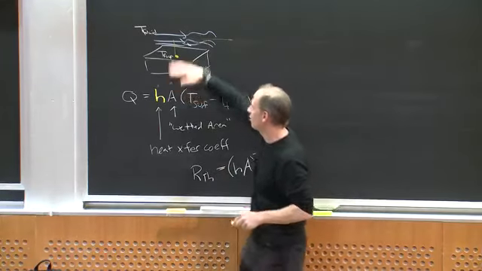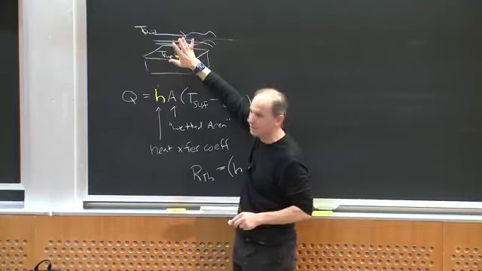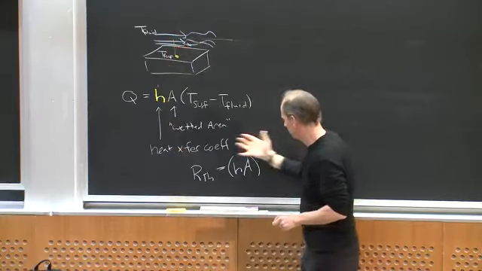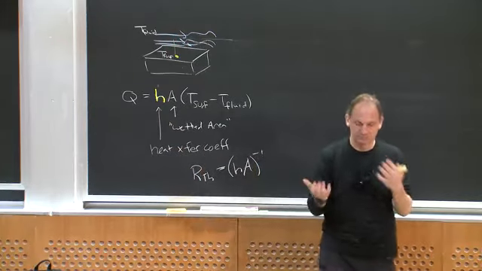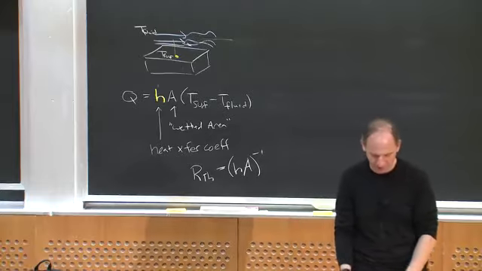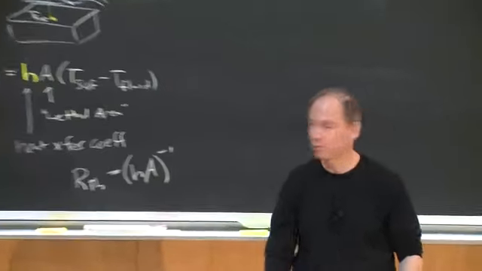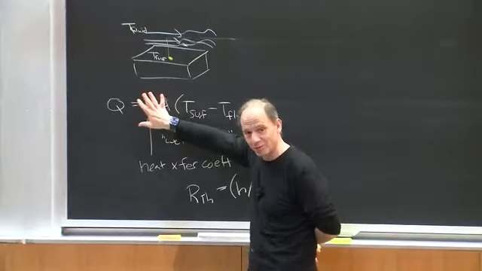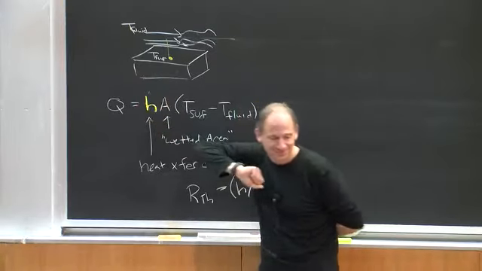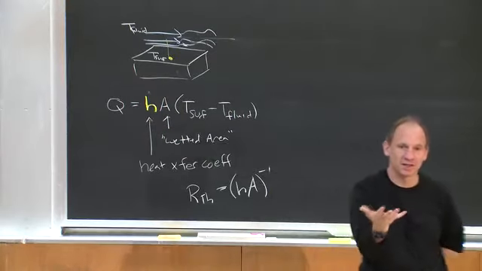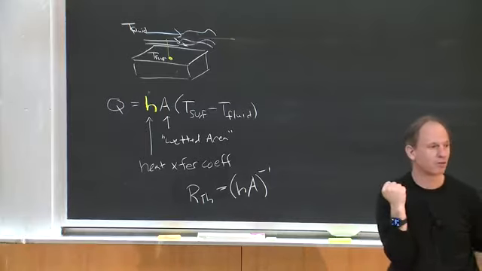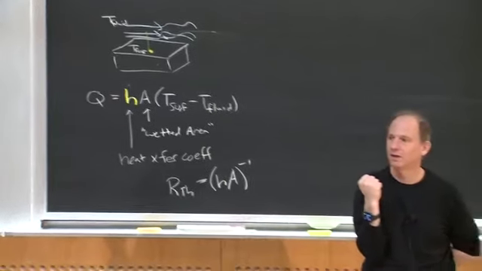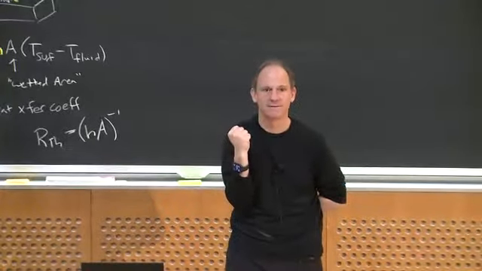If I told you the area through which I was transferring heat and I knew that heat transfer coefficient, great, I've got my answer and I go on my merry way. So putting aside that it's difficult to find this number, we have a means of predicting what it is, and I can just model that heat transfer as a thermal resistor again. Any questions about that?